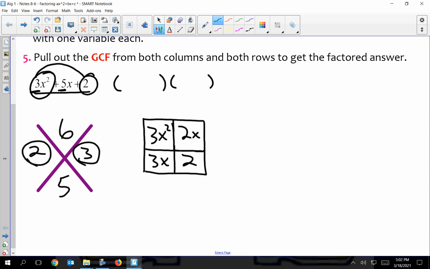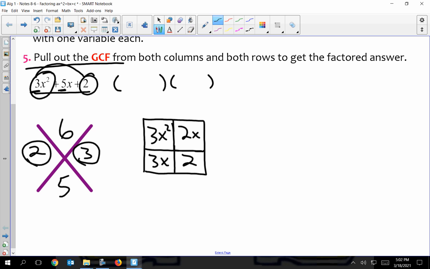Now in step 5, so that's filling in the box. In step 5, it says pull out the GCF from both columns. That's the up and downs. And then both rows to get the factored answer. So I'm going to take a GCF out of the columns and write it at the top of the box, and then I'm going to do it again on the rows, side to side, and put those on the outside of the box.